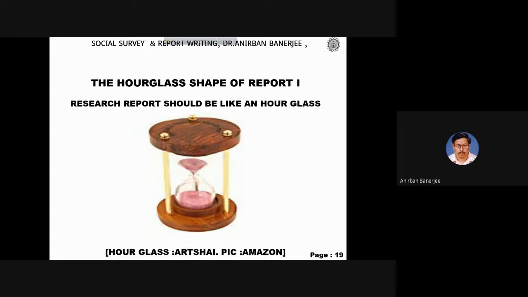The report is generally shaped like an hourglass. You see the hourglass here, it is given in this illustration. It is broad, wide at the top, and then it tapers in the middle, and then again widens at the bottom.